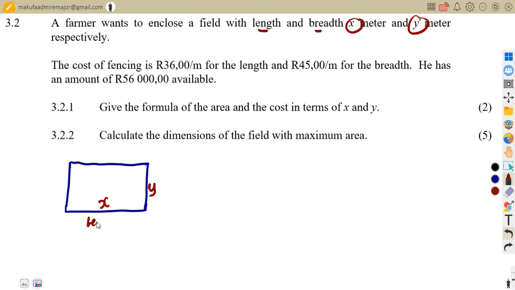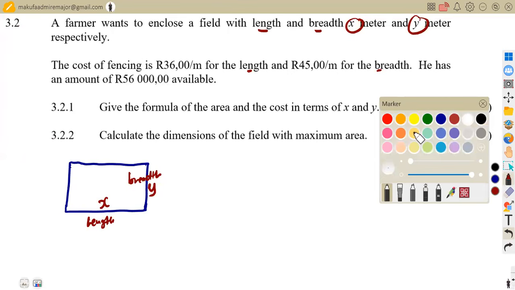All right, so this being our length and this being our breadth, which is the width. We are given that the cost of fencing is 36 Rand per meter. Take note, it's per meter, meaning to say we're talking about per length. For the length, it's going to be 36 Rand per length, 45 Rand per breadth. So let us just write it aside.